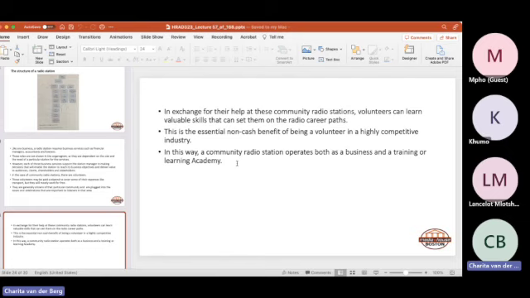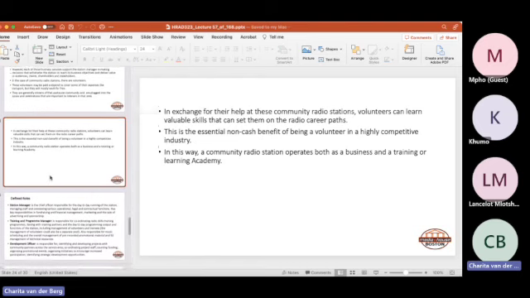So there are a lot of pluses, as much as there's no set salary. This is essentially a non-cash benefit for a volunteer in a very highly competitive industry. So you learn a lot of skills. In this way, a community radio station operates both as a business, but also as a training platform or a learning academy at the end of the day.